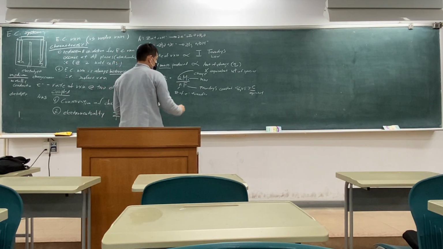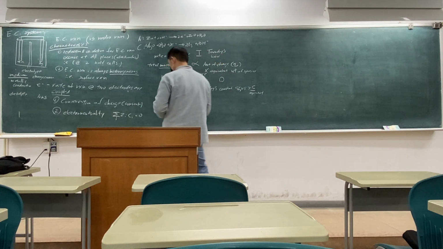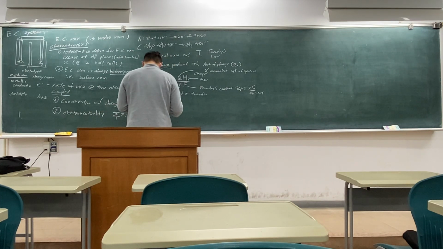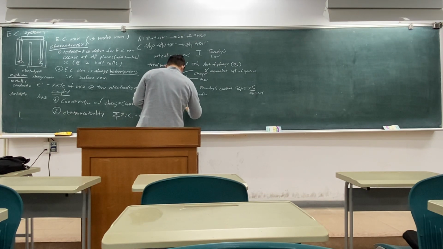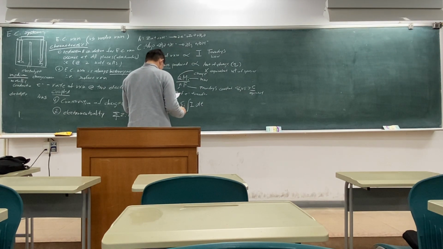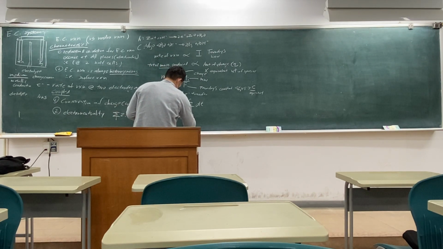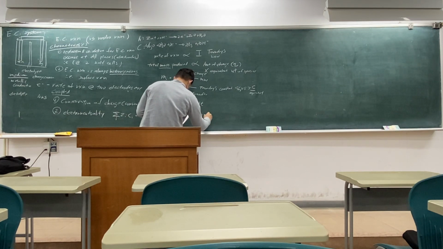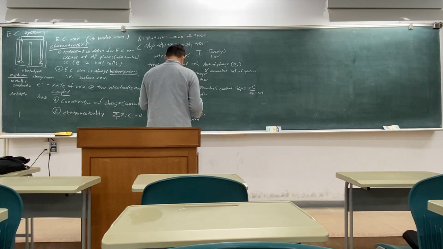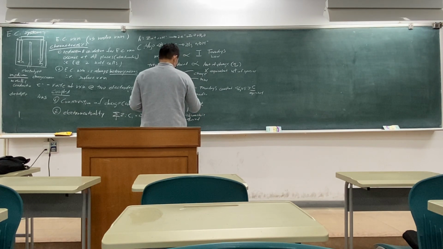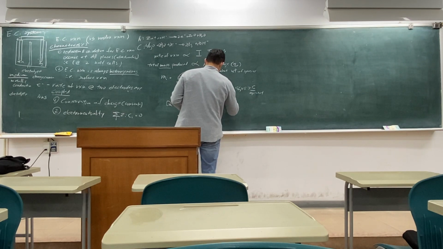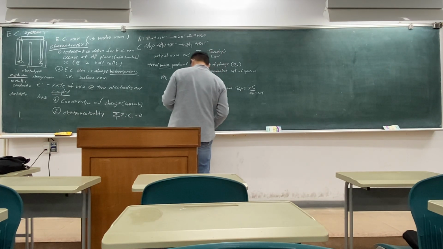So Q here is equal to SI times I dt. SI is the stoichiometric coefficient, I is the current, and t is the time in seconds.